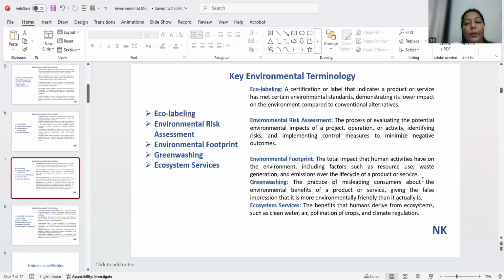Environmental footprints: the total impact that human activity has on the environment, including factors such as resource use, waste generation, emissions, and the life cycle of products or services.